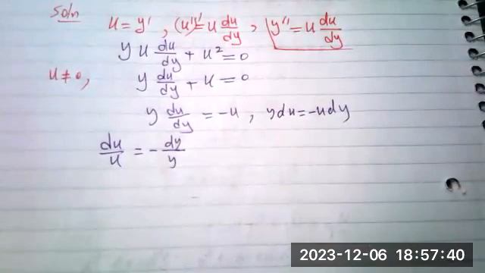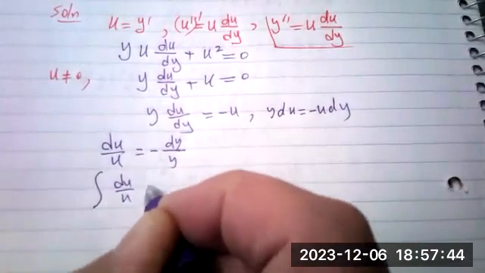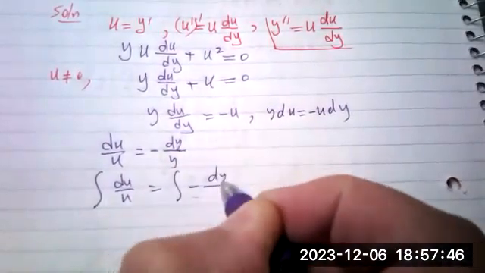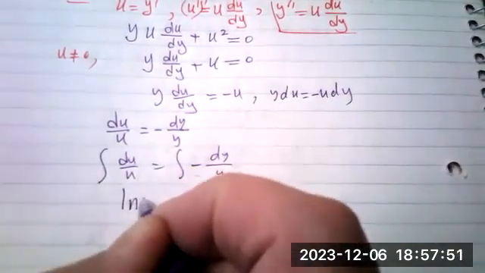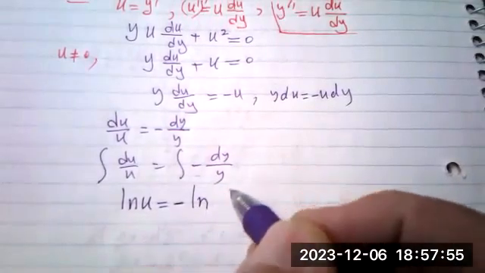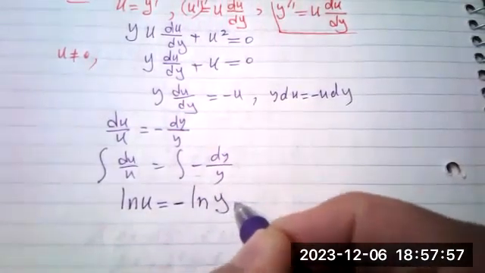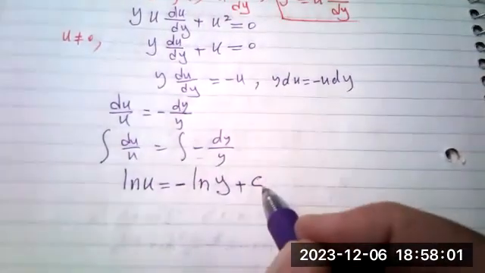You integrate both sides. So this would be ln u, and this would be minus ln y. Assume that it's positive. Then you get a constant c, and we call it c1. Remember, it's the first time.